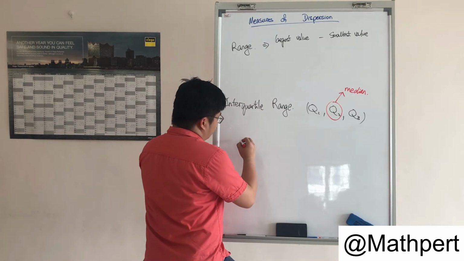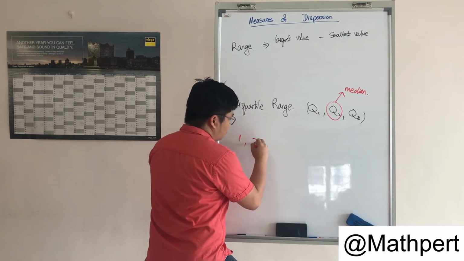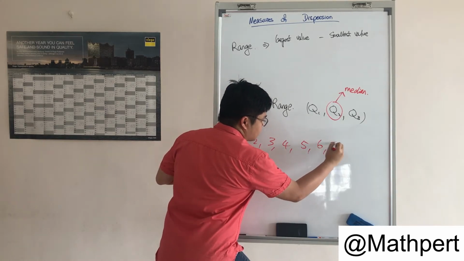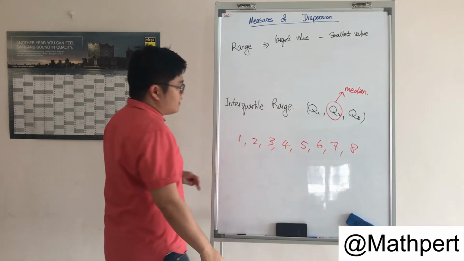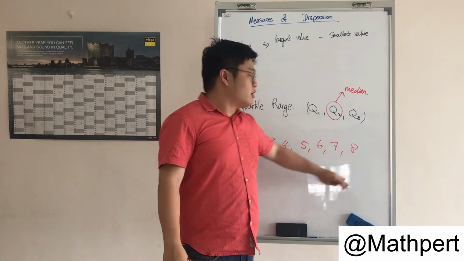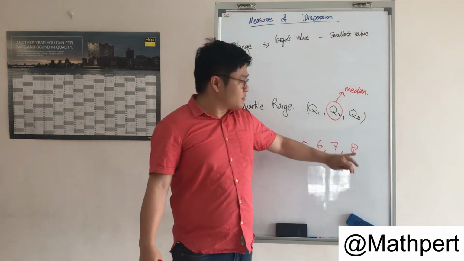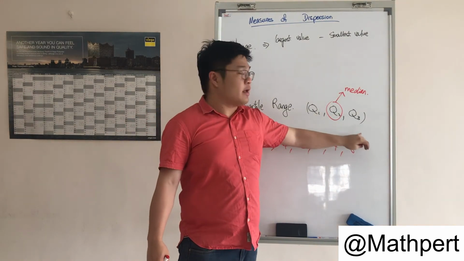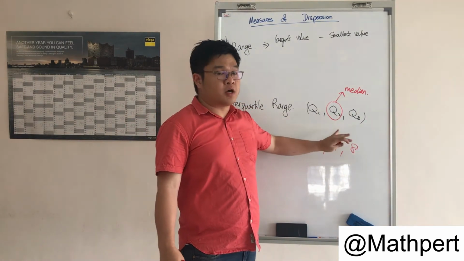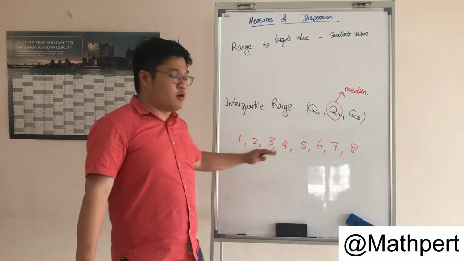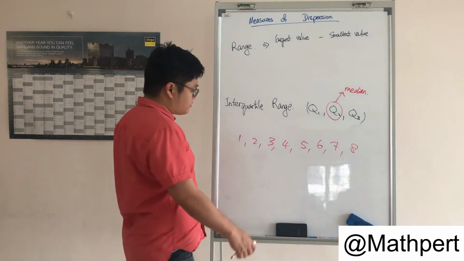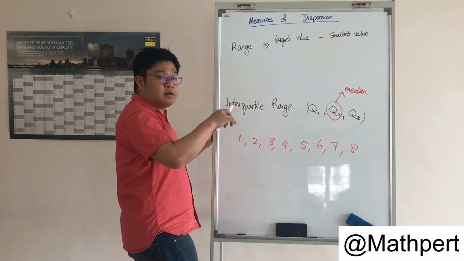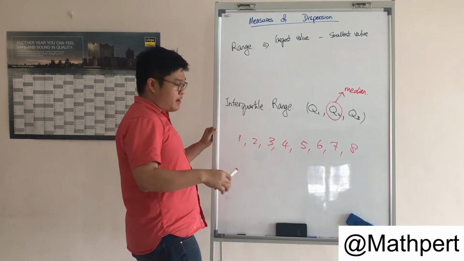So let's say 1, 2, 3, 4, 5, 6, 7, 8. Okay? This is a set of data. So there will be 8 terms. Let's look for Q1, Q2, and Q3. We look for Q2 first because Q2 is the middle term of this set of data. The middle term is T of (n plus 1) divided by 2, right?